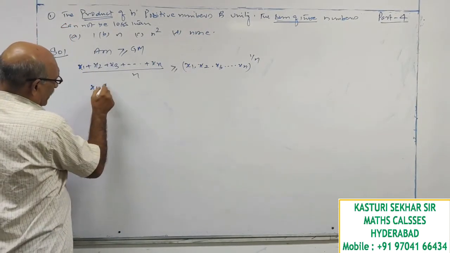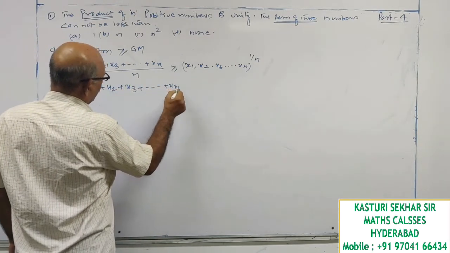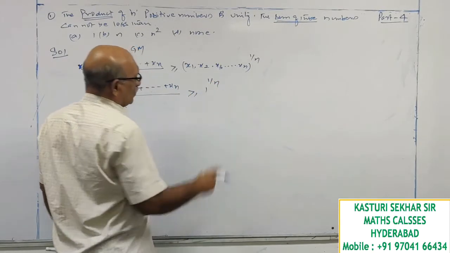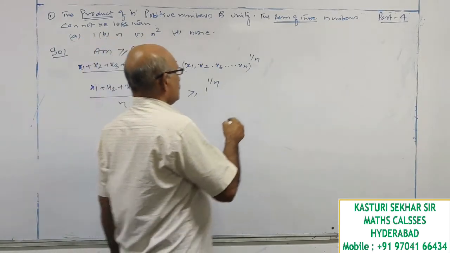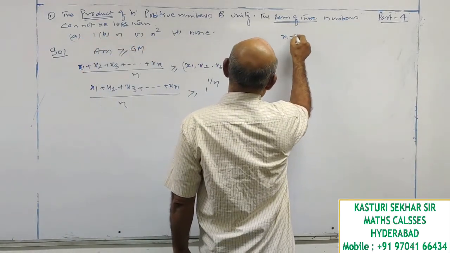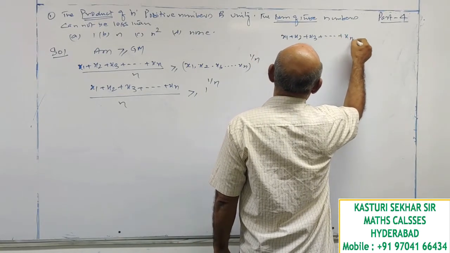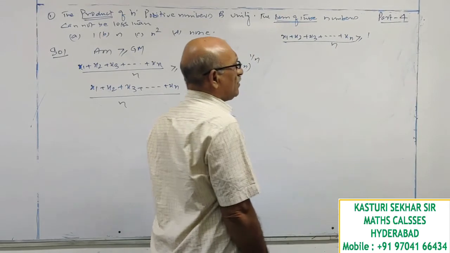Now this is x1 plus x2 plus x3 plus etc plus xn by n is greater than or equal to 1 to the power 1 by n. So x1 plus x2 plus x3 plus etc plus xn by n is greater than or equal to n.